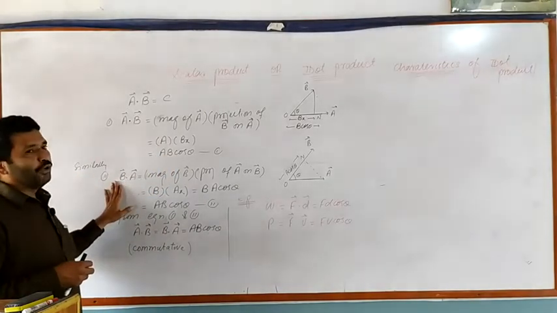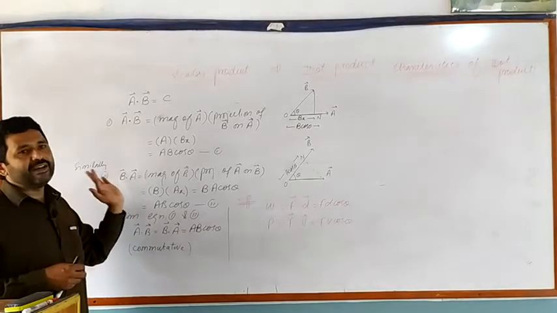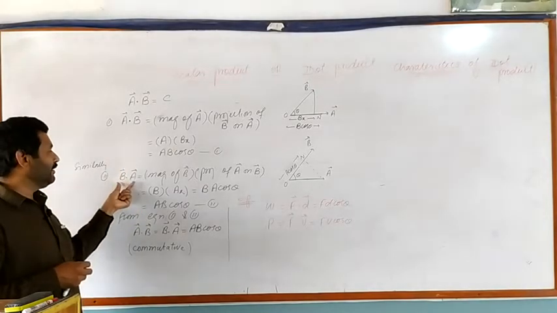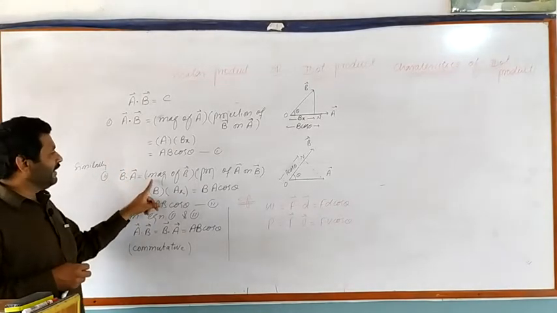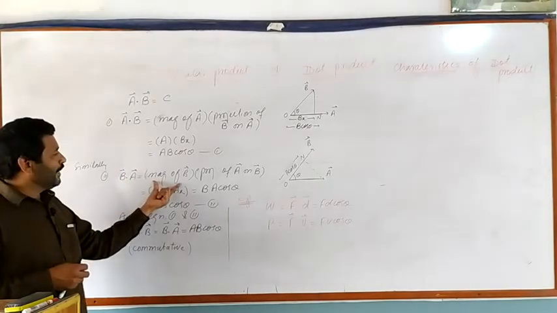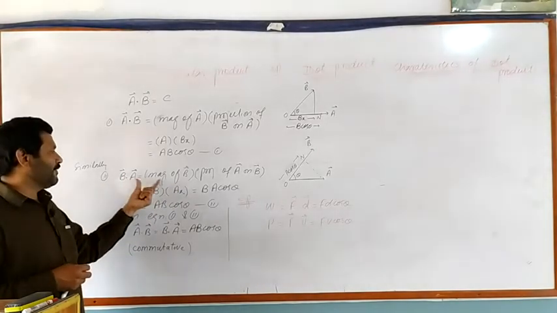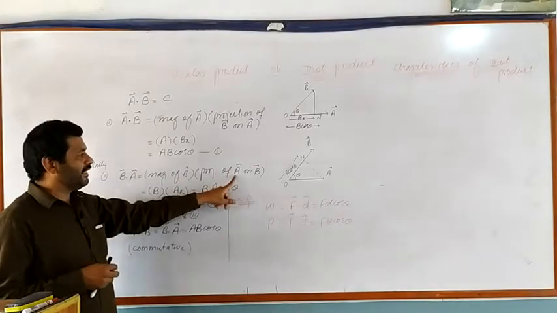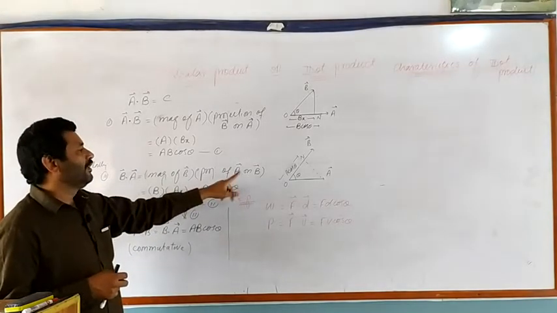Similarly, we have to multiply vector B with vector A by dot product technique. Then we will find vector B, the magnitude of the first vector, B is the first vector, and the projection of the second vector, A is the second vector in this case.